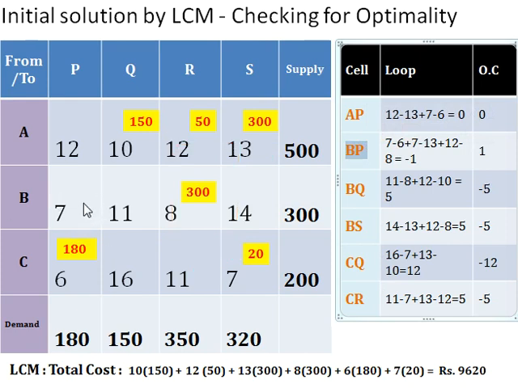The loop we traced for this unoccupied cell started from this 7, then 6 plus 7 minus 13, then plus 12 minus 8, and coming back. So this was the sign. We have assigned plus minus at each corner.